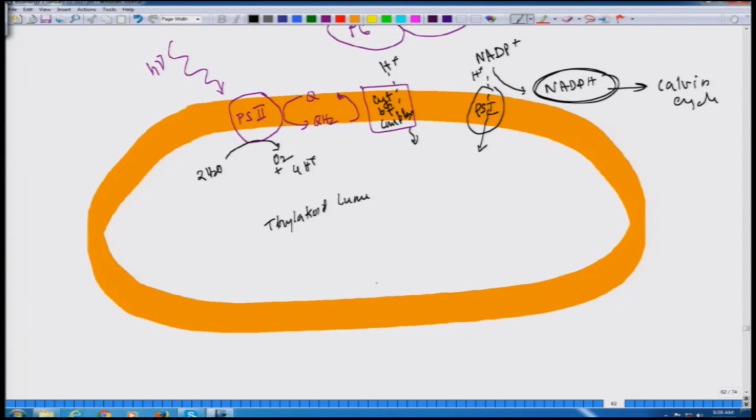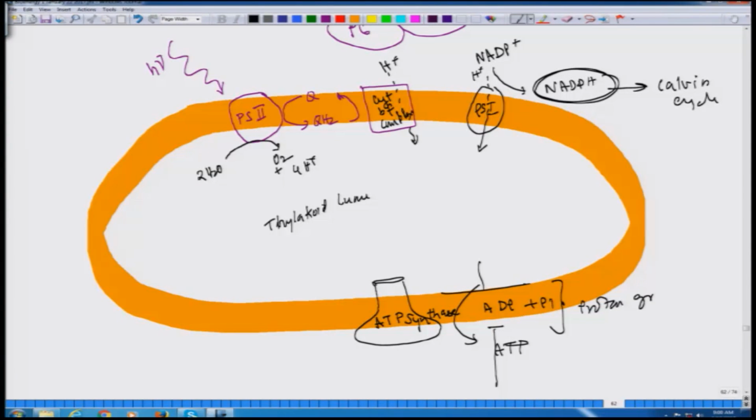And underneath out here you have this interesting structure called ATP synthase, which is converting the ADP plus Pi to ATP, and this is regulated by a proton gradient which is funneled by all sorts of protons which are coming here, H plus, and lot of this H plus which are coming here.